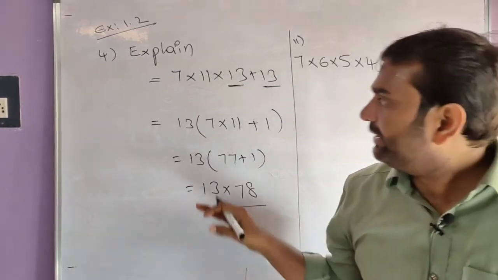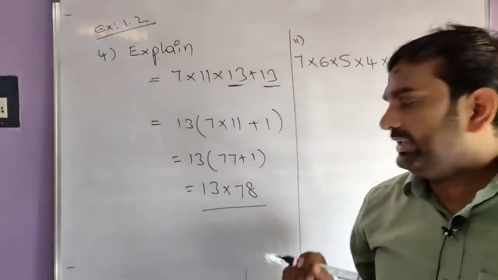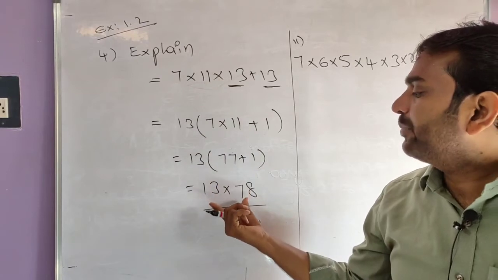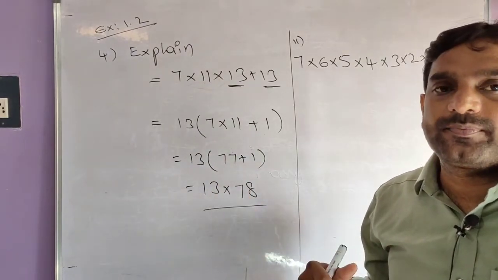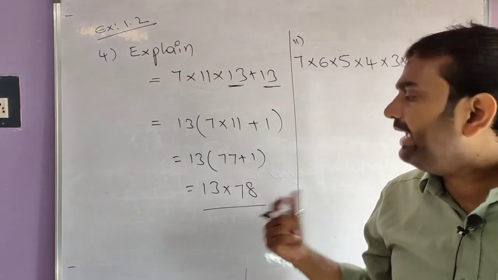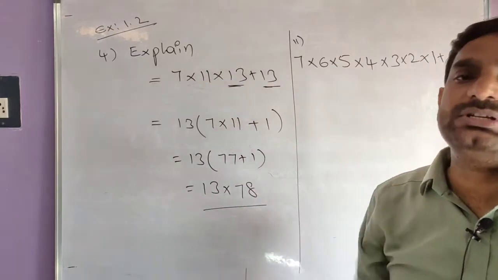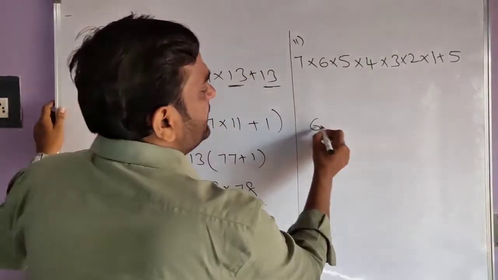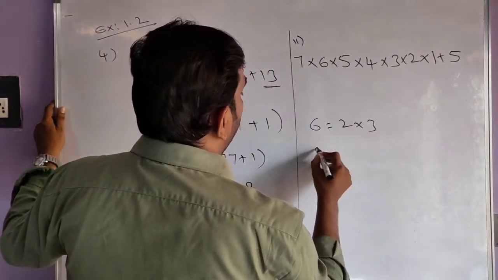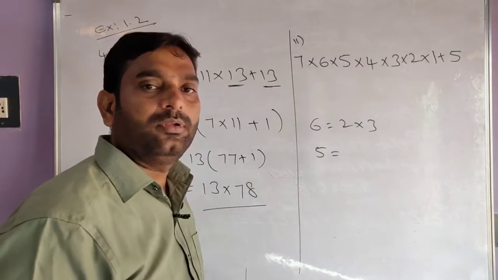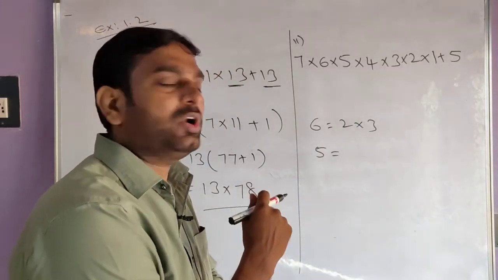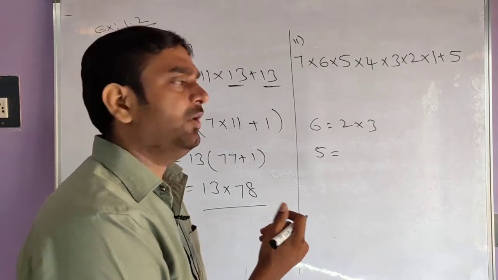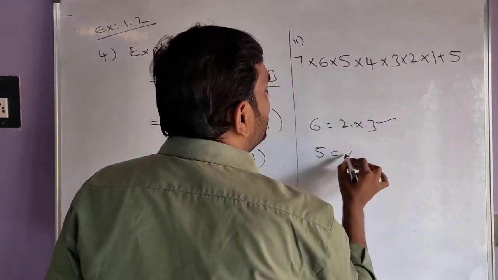Okay, now here we got 13 and 78. If a number is written as a product of factors, then that number is a composite number. For example, listen, 6 can be written as 2 into 3. 5 can't be written as a product of two numbers except 1 and itself.